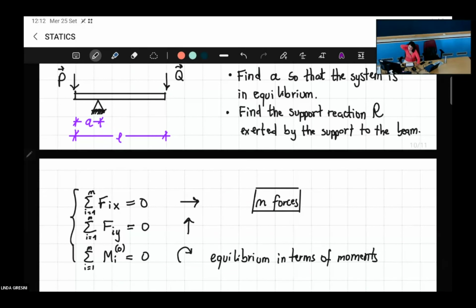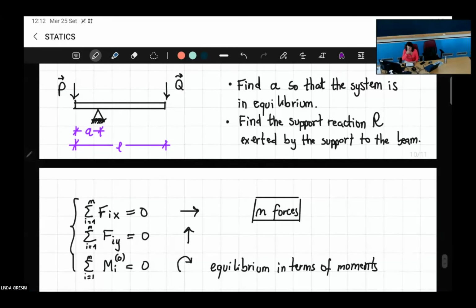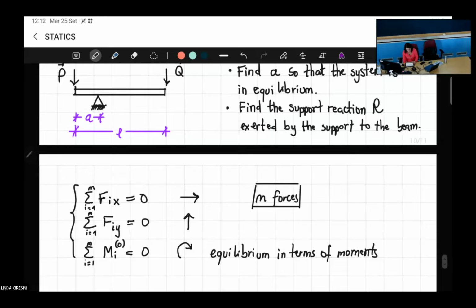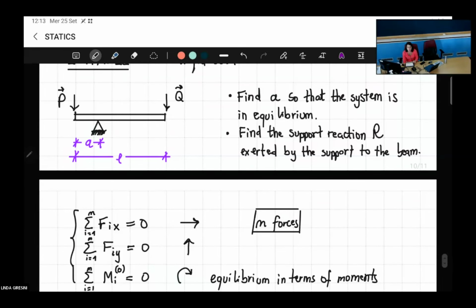So what is the first step we have to do anytime we face a mechanical problem? The free body diagram. So we need to understand this mechanical model. You can answer my questions, so we can interact also in chat, or you can switch on your mic. We need to substitute this beam with its forces, considering the support reaction.